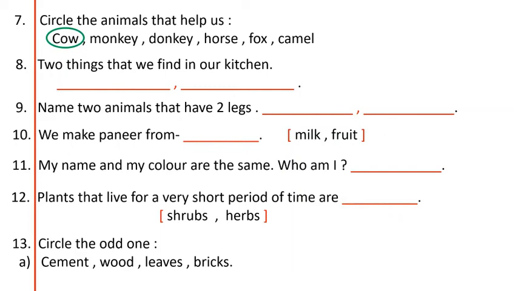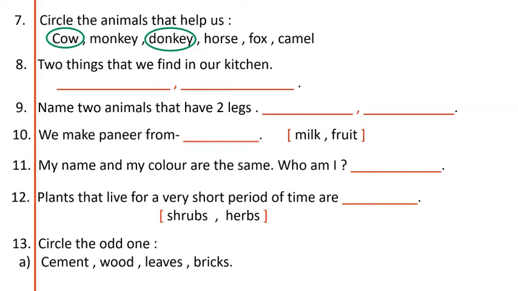Do they also help us? No, very good. Now what about the donkey, children? How do they help us? Yes. How, children? Yes, they carry heavy loads, right? By carrying heavy loads from one place to another, they help us.